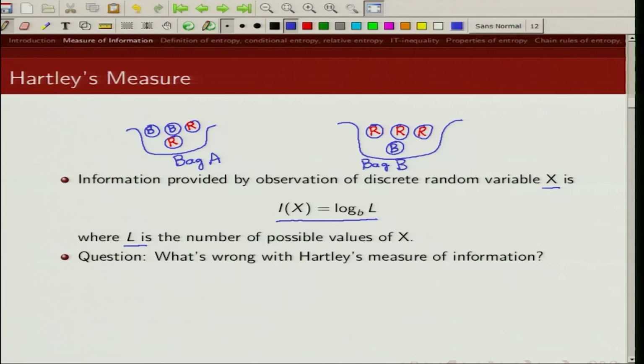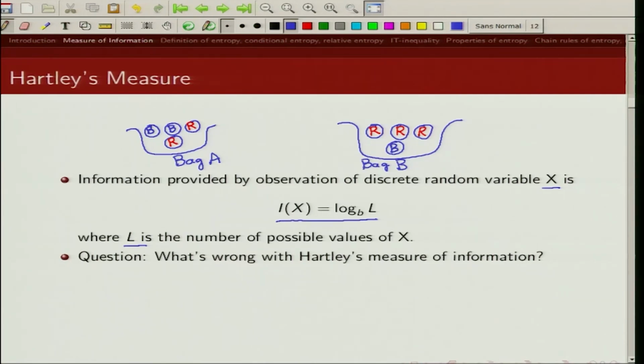So clearly bag B has less information, because the most likely ball that I can guess coming out of bag B is red ball, because there are more red balls than blue balls. Whereas in bag A, blue balls and red balls are equally likely to happen.